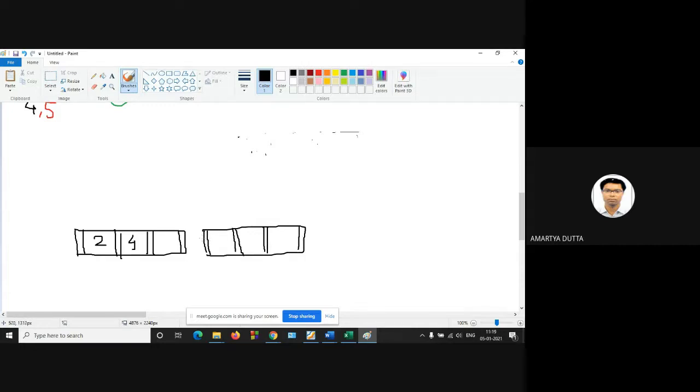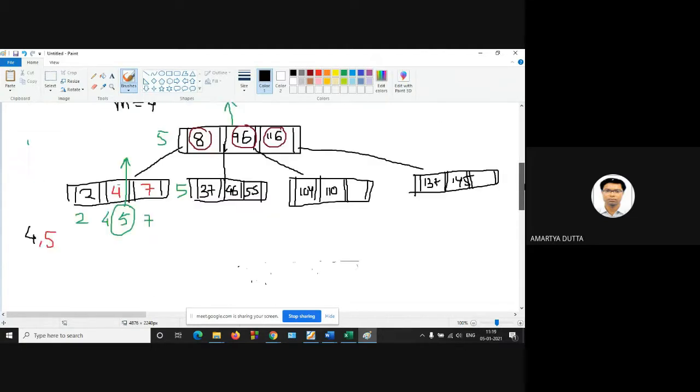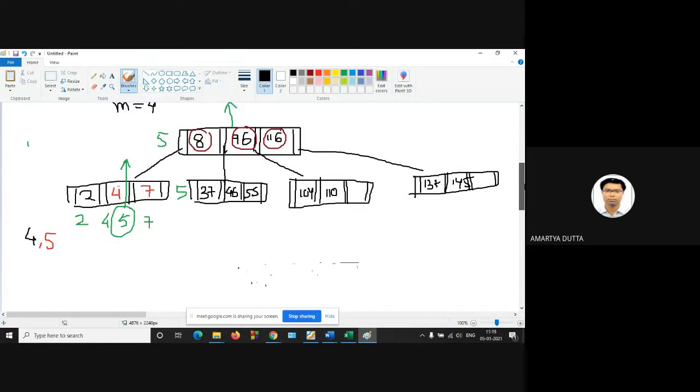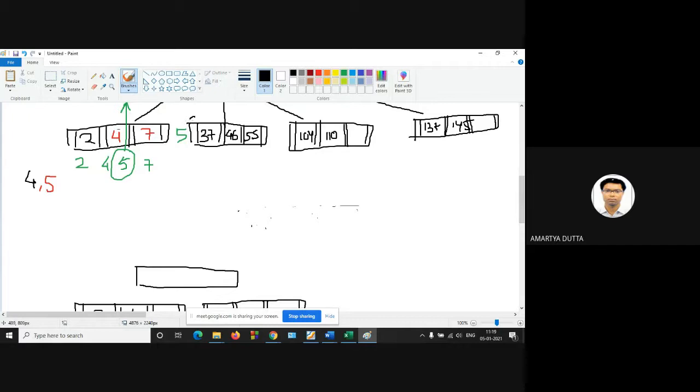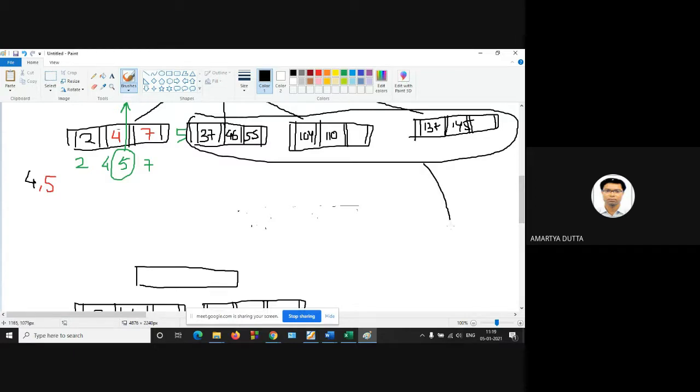So what is the position of 7? 7 will be there. Now 5 will be there. So 37, 46: these nodes will be in the same position.